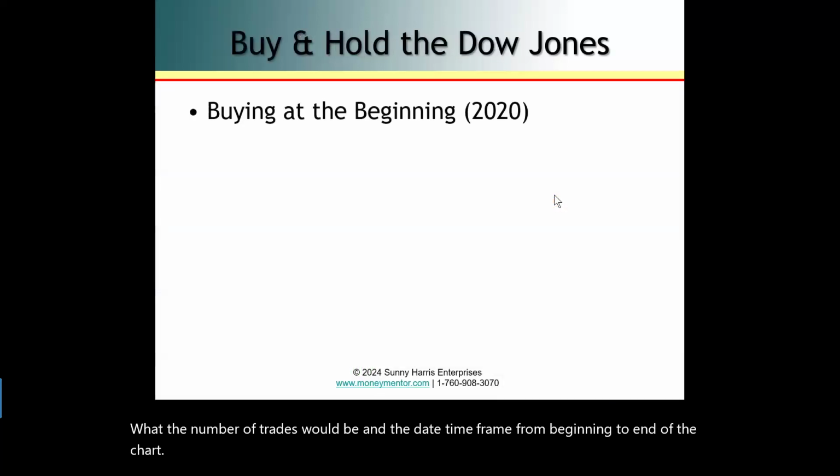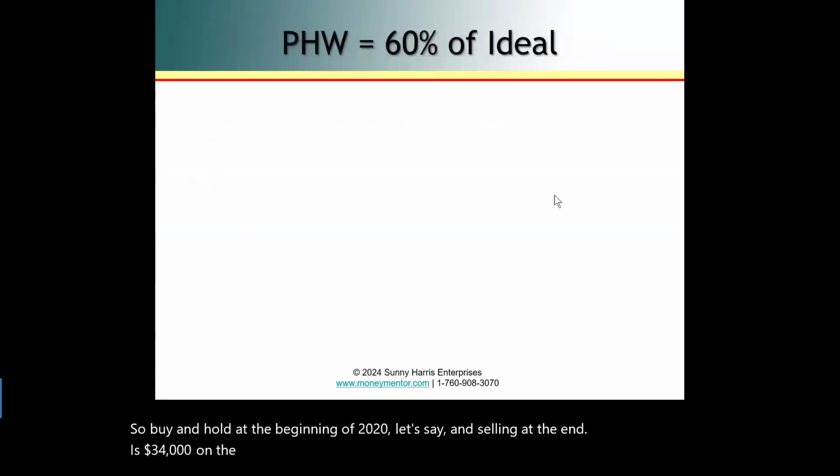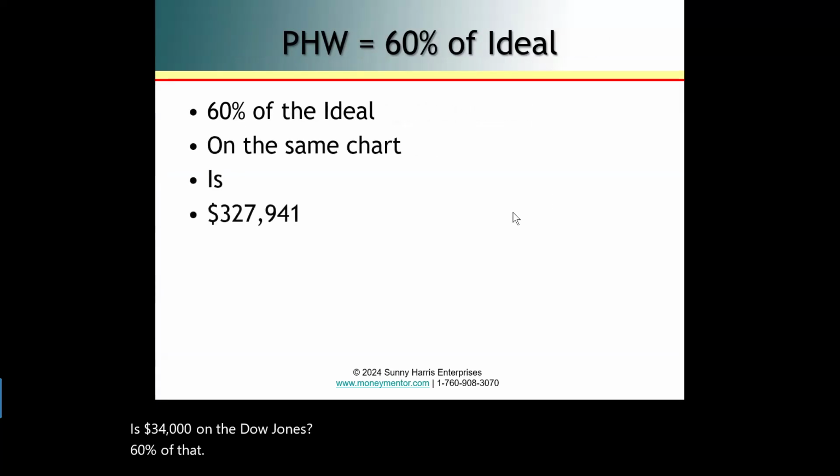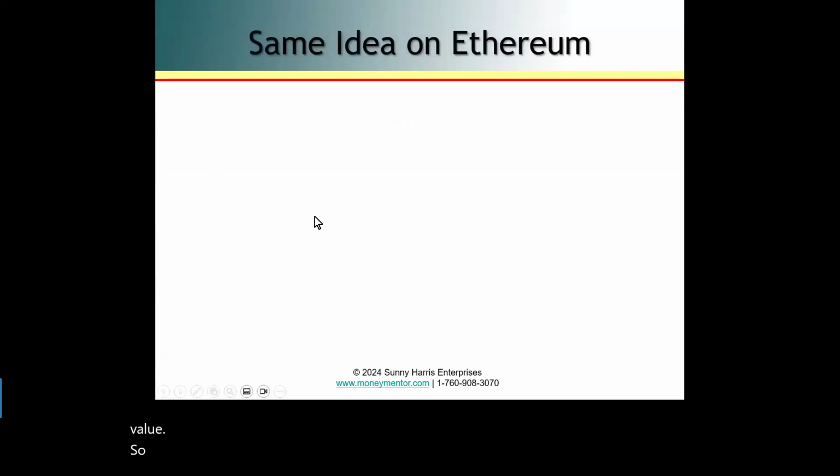So buy and hold at the beginning of 2020, let's say, and selling at the end is $34,000 on the Dow Jones. 60% of that on the same chart is $327,000 if you take all of the ideal trades and then take 60% of that value. So that's quite a difference.